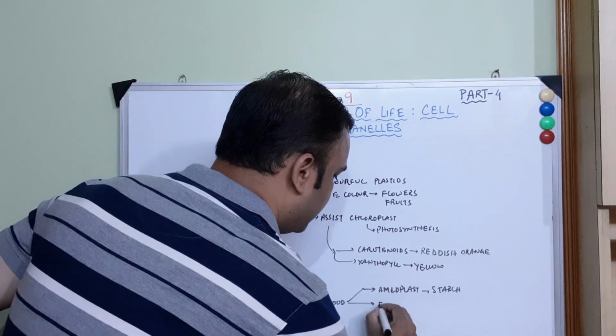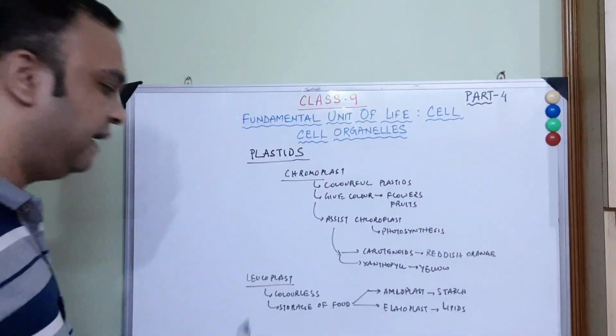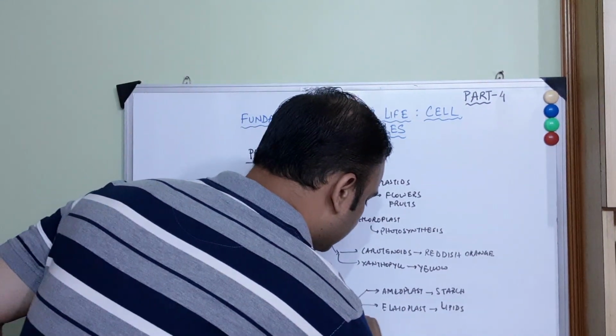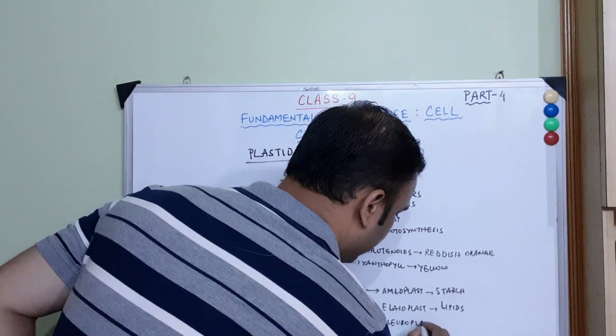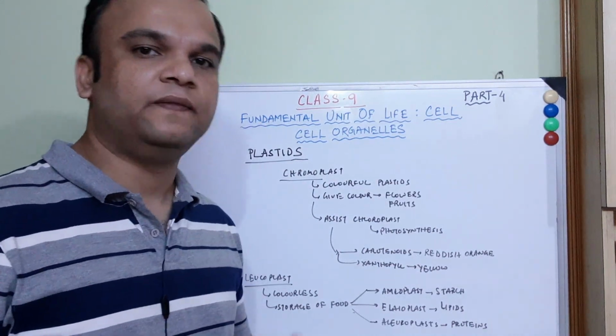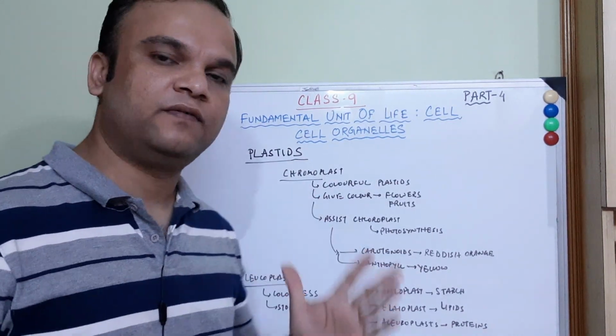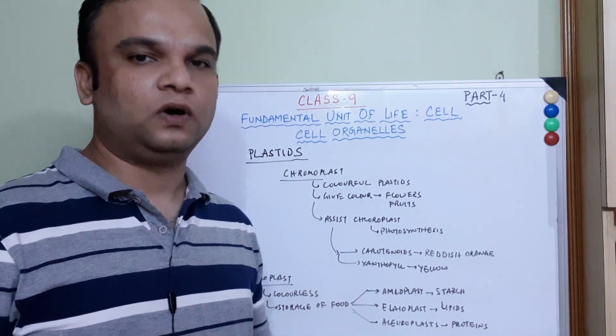The next one is called elaioplasts, which store lipids. And if the food is in the form of proteins, then they are stored in aleuroplasts. So that is how we have understood the plastids, their types, and we have studied in detail the structure and functions of chloroplast.